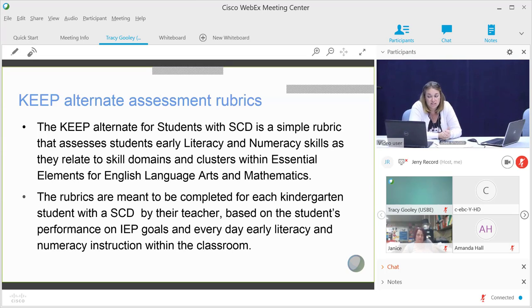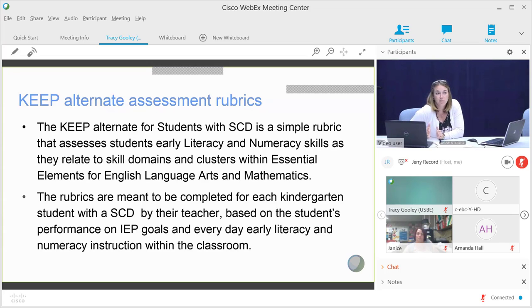It assesses skills for early literacy and numeracy, and it is directly related to the domains and clusters of our essential elements for ELA and mathematics for these kiddos. So the rubrics are meant to be completed by a kindergarten teacher for each student, and it's supposed to be, in essence, based on possibly student IEP goals, or this can help you create student IEP goals.